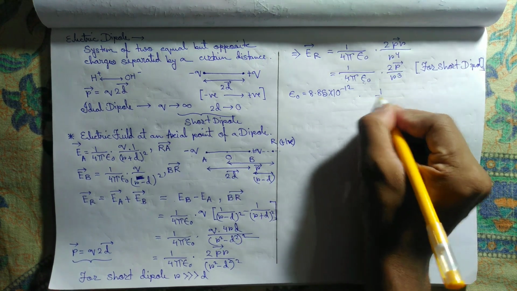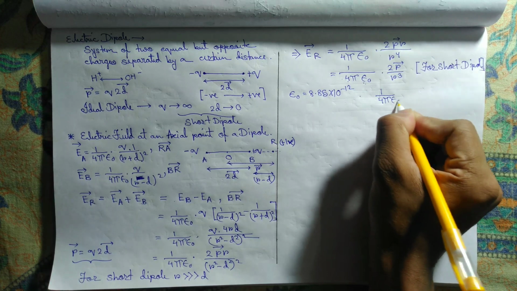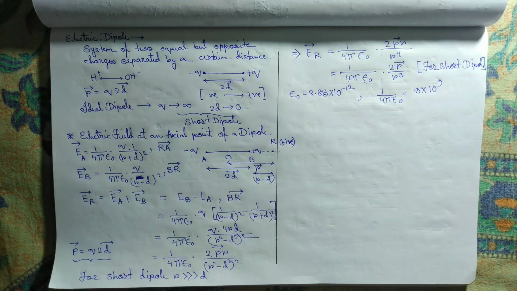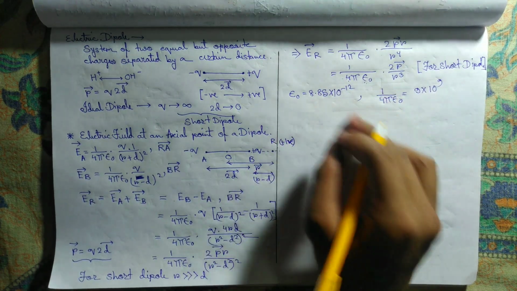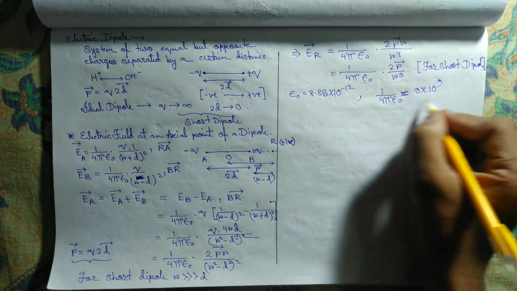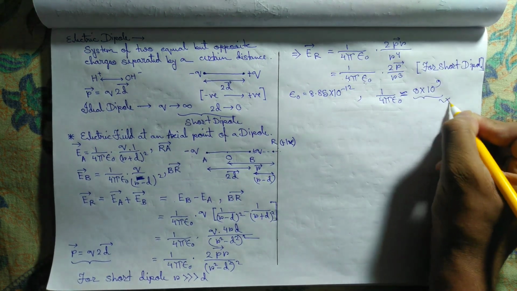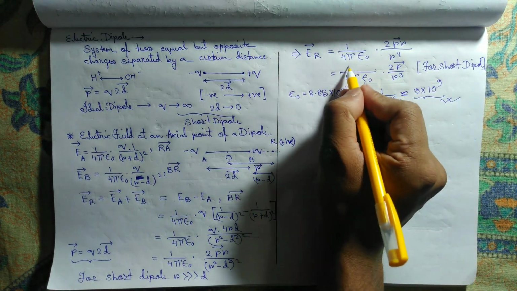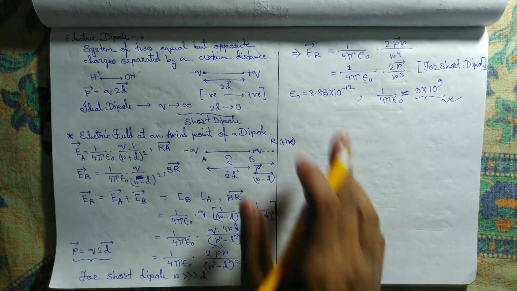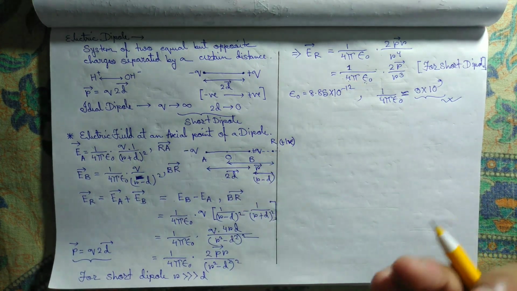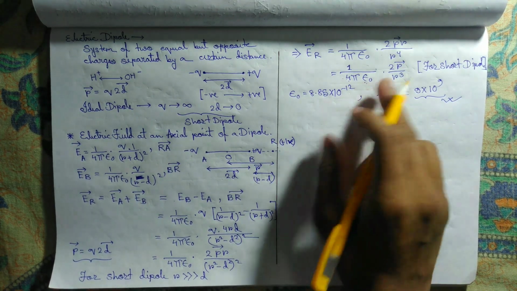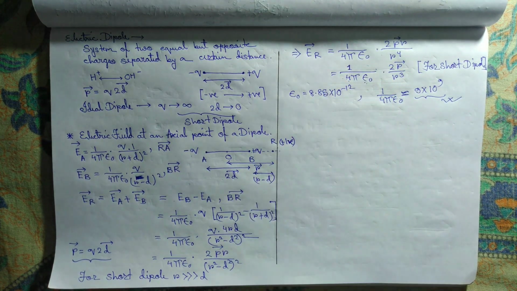But the value of 1 by 4 pi epsilon naught has a very easy value, 9 into 10 to the power 9. If you calculate it, you will get approximately 9 into 10 to the power 9. So it is very easy to use. That's why we will maintain this form 1 by 4 pi epsilon naught and not do anything with it. Just let it remain as it is, and don't cut these 2 and 4. That will be easy.